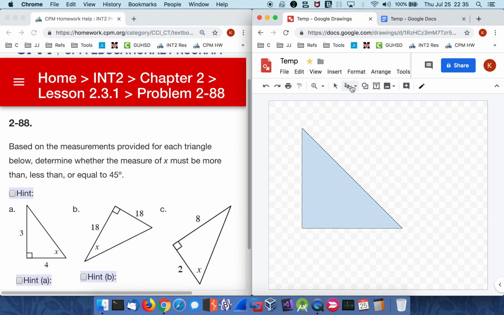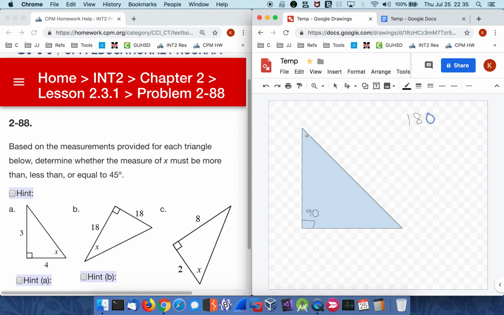If this is a right triangle, meaning that's 90 degrees, we know that the sum of these two angles also has to be 90, because the sum of the angles on the inside of a triangle has to be 180. So if this is 90, then these two must add up to 90.